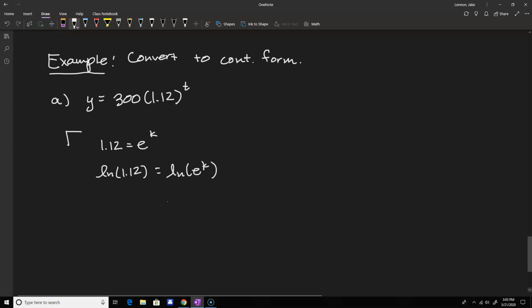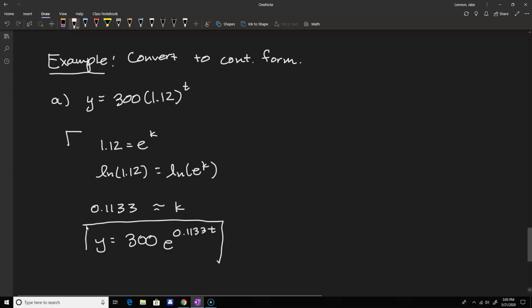I will explain more next section, because we will be covering the inverse function of exponential functions, namely the log functions, next section. So k is about 0.1133, so our continuous form would have the same initial amount, 300, times e to the 0.1133t. That would be your continuous form for part A.